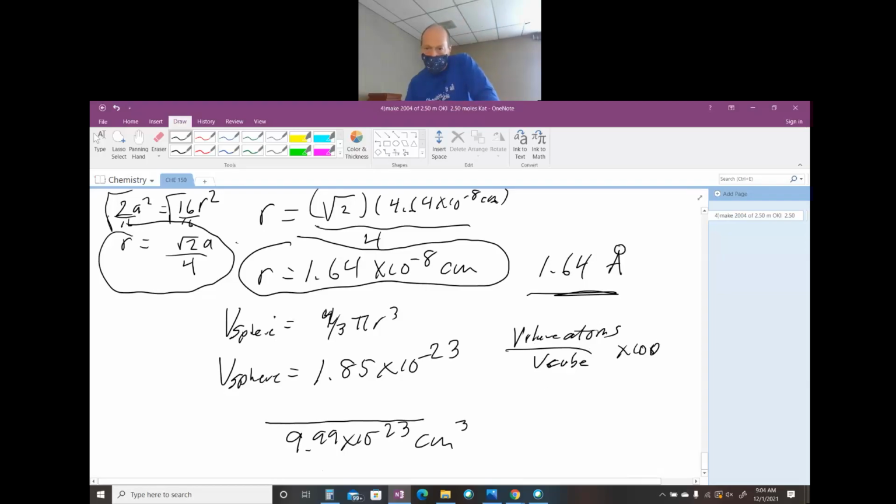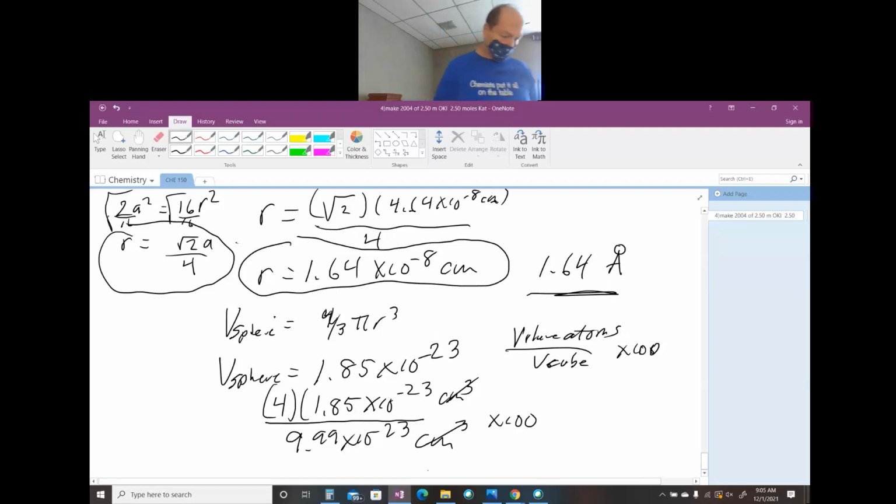Volume of your atoms. Okay, now you need to know again that you have 4 atoms in this cube, and each one of those atoms has a volume of 1.85 times 10 to the minus 23, and that is centimeters to the third. So whatever volume units, it doesn't matter if you have angstroms to the third, but then the bottom would also have to be angstroms to the third.